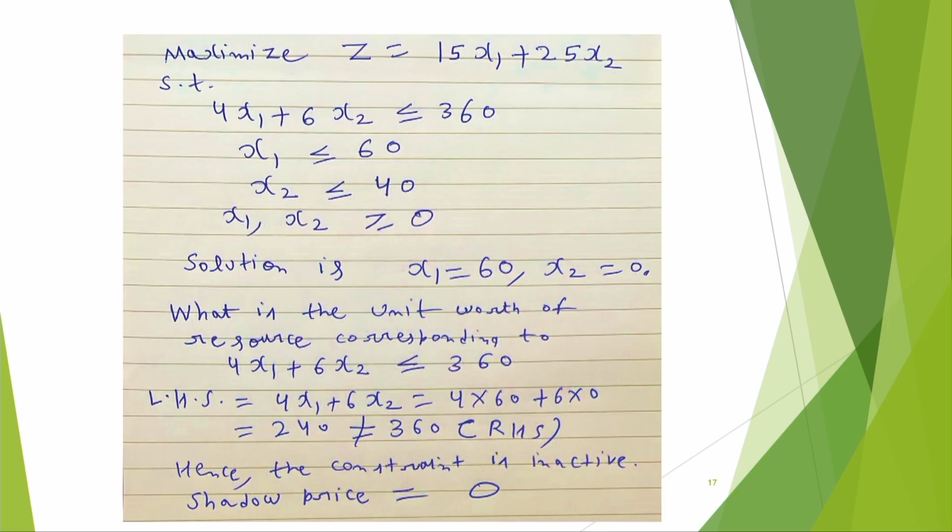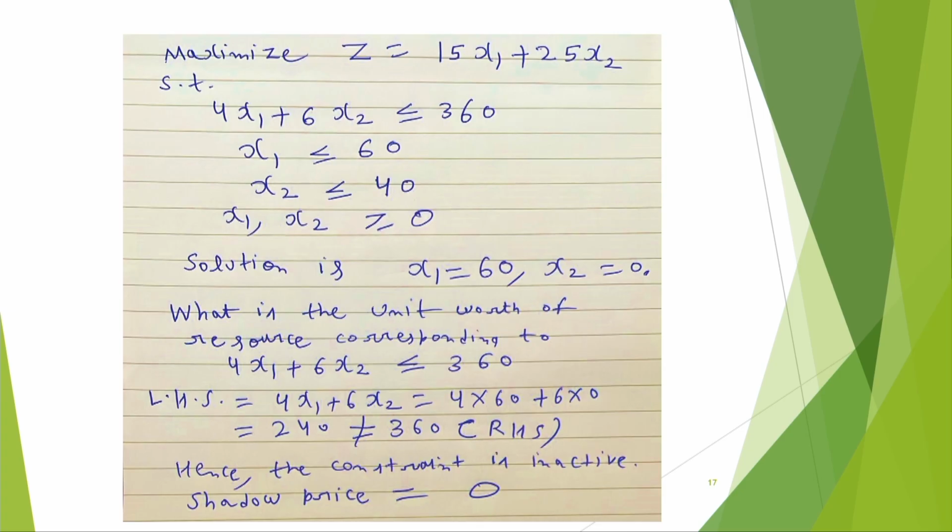So, what is the unit worth of resource corresponding to 4x1 plus 6x2 smaller than or equal to 360? Let us see whether this constraint is active or inactive. We go to the left hand side, 4x1 plus 6x2. Now put the value x1 is equal to 60, x2 is equal to 0. So 4 into 60 plus 6 into 0 becomes 240. 240 is not equal to 360.